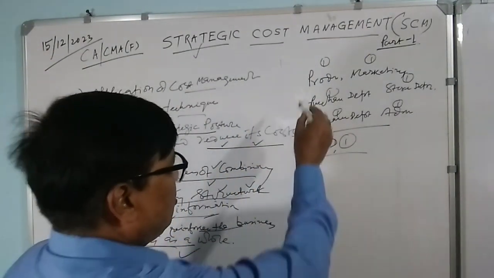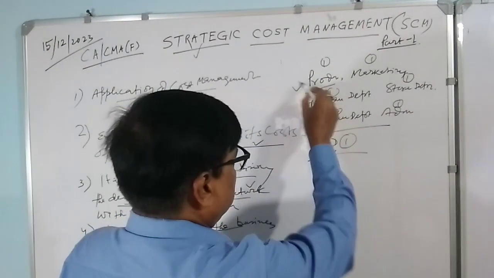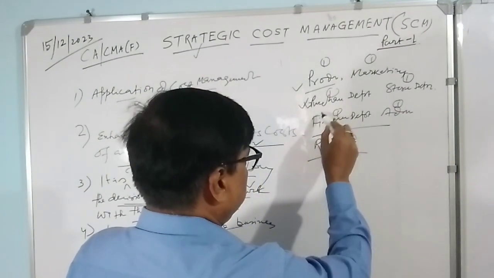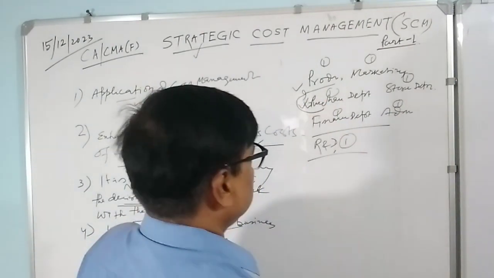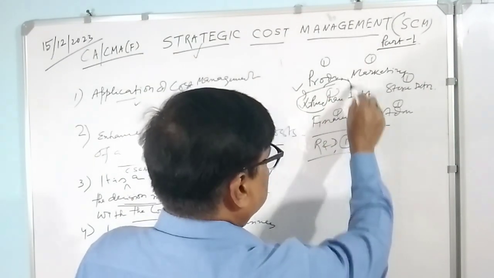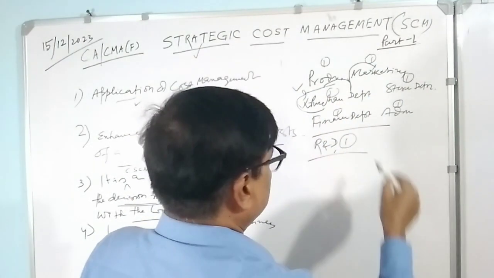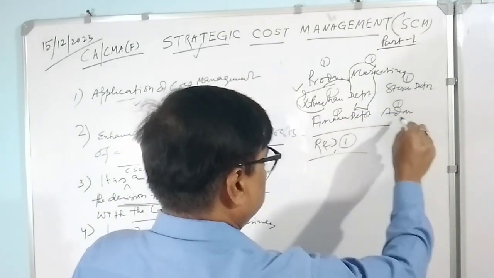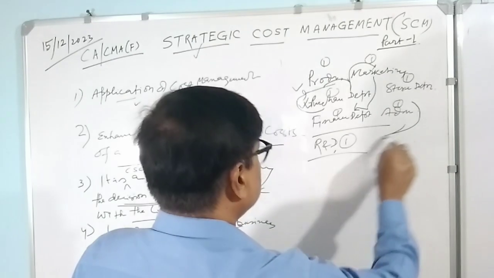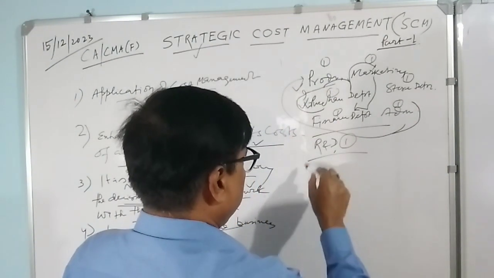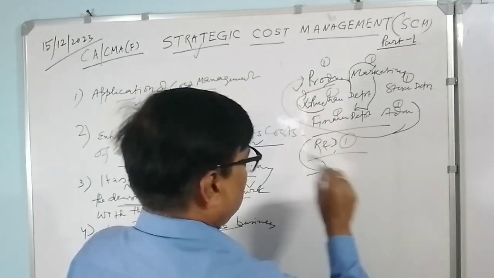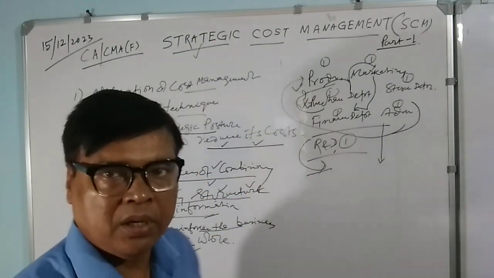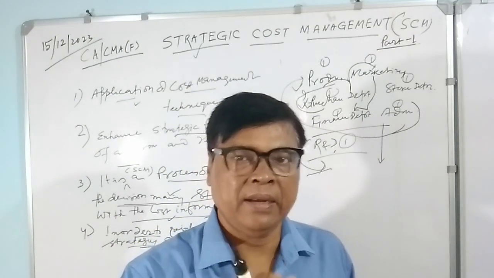That means suppose your production department's proper strategy is not there, your purchase department strategy is linked up with the production department, strategy is related to your marketing department, strategy related to your finance department, and administration as a whole related to your production department and R&D department also. See, this is a chain reaction for all of your departments, interlinked and interconnected.